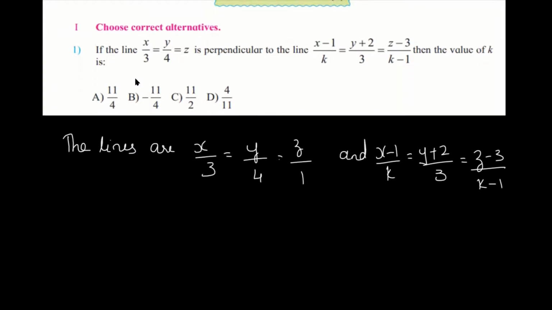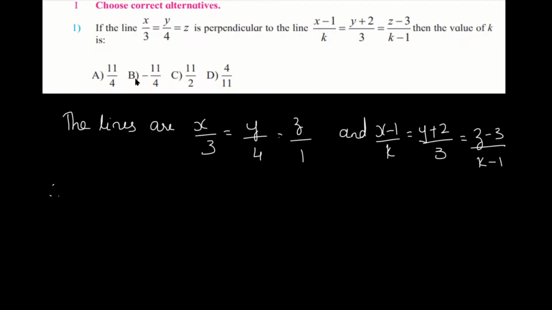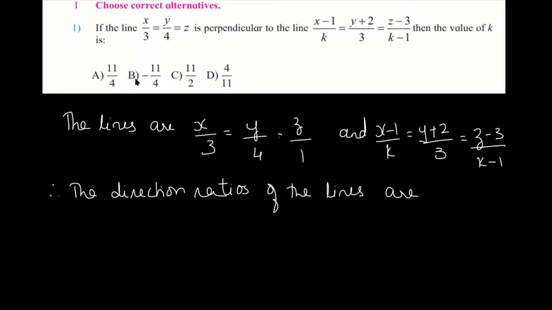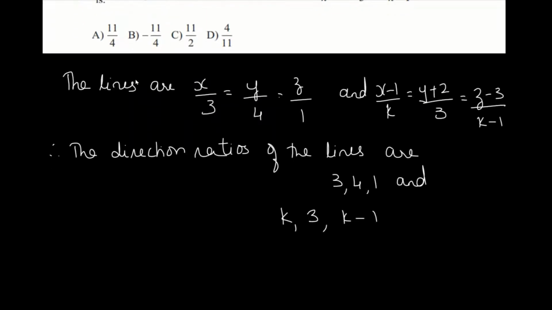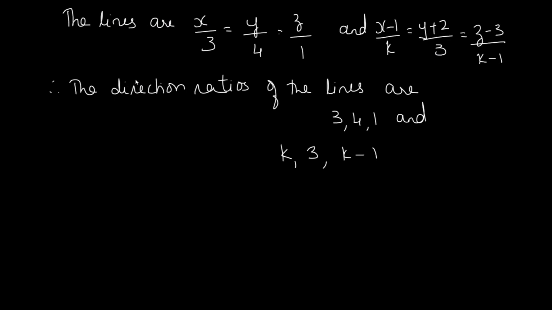So the direction ratios of the lines are 3, 4, 1 and k, 3 and k minus 1. Now from the question, the lines are said to be perpendicular. It is given in the question that the lines are perpendicular.